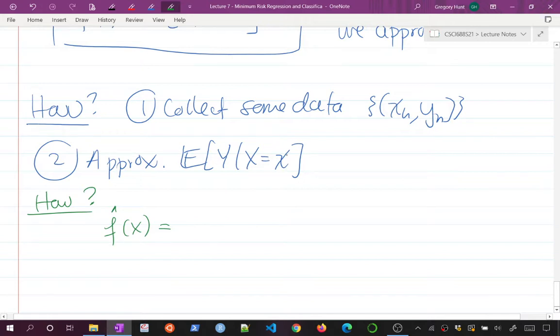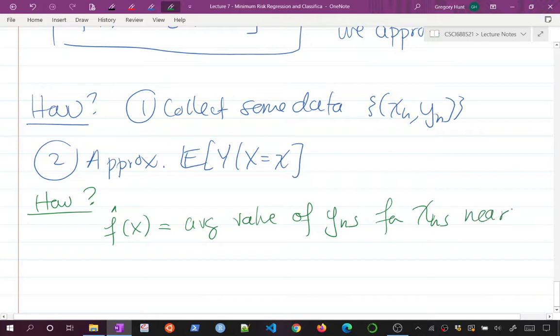But I might not have training data where my x is exactly equal to little x, so maybe let's just pick stuff nearby, right? So let me say that this is the average value of my y sub n's for x sub n's near my little x. And maybe we'll say, let's use the k nearest neighbors to x.